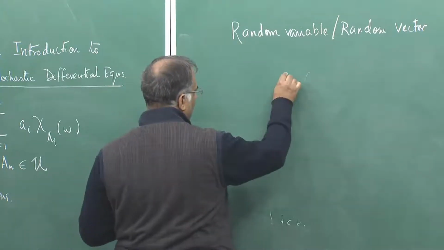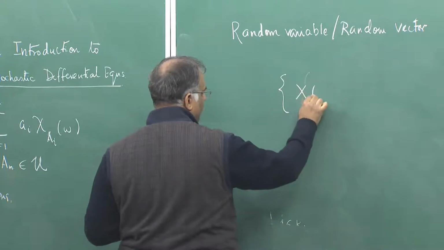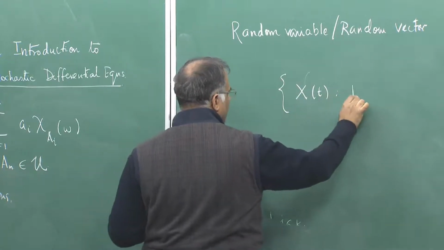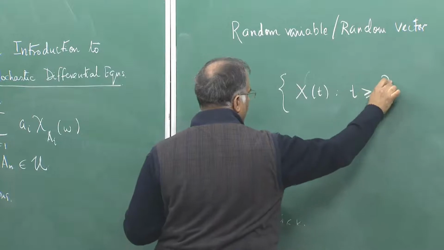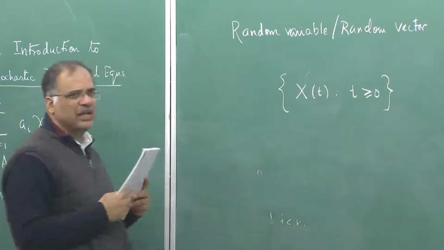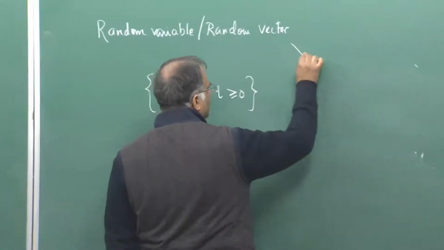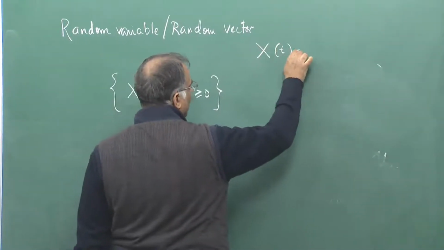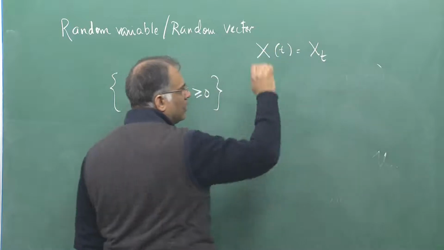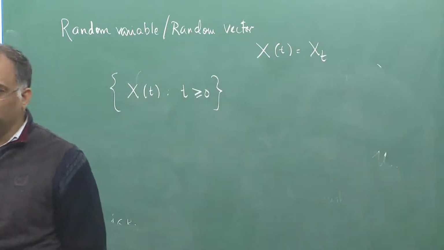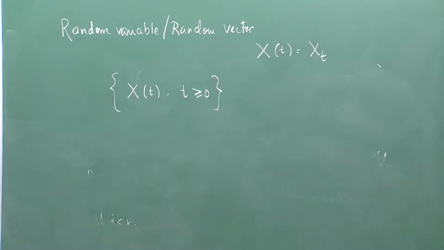So, you take a collection of random variables, where for each t, which essentially denotes time, Xt is a random variable. Sometimes some authors write it as X of t. We will maintain the symbol Xt here, because it is much more helpful for handling certain things.